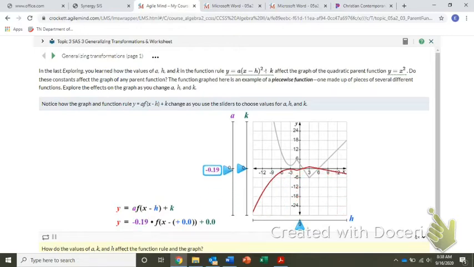Now, if we go back to 0 and start again, we start with our straight line. Between 0 and 1, the graph is wider than the original. Same thing for the negative. If it is between 0 and negative 1, it is wider.